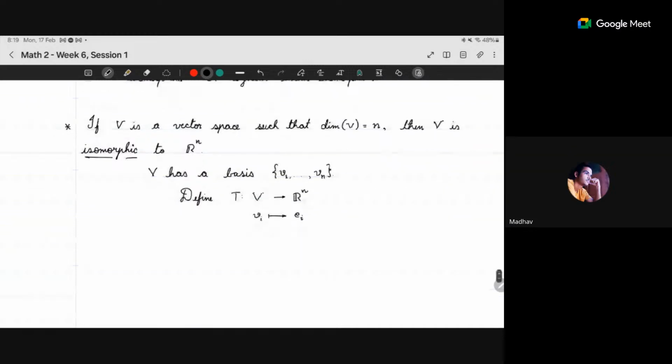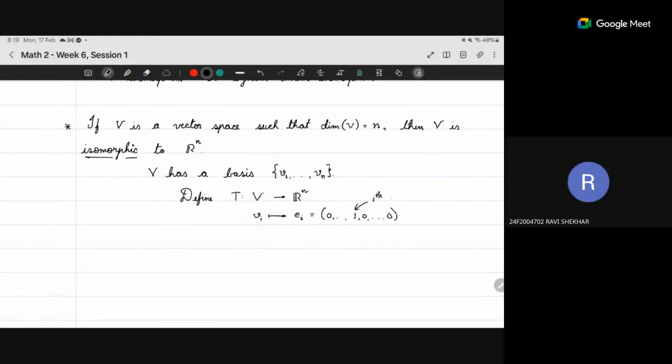So in this case, we take our basis and map it to the standard basis. The ith element of the given basis is mapped to the ith standard basis vector. This Ei, if you don't remember, has a 1 in the ith position and 0 elsewhere. And Vi is the basis that we have chosen over on the domain.